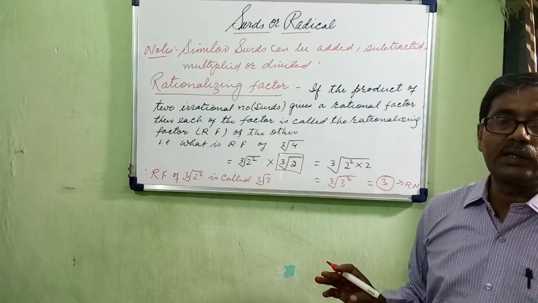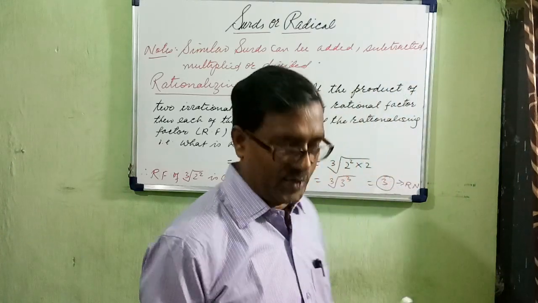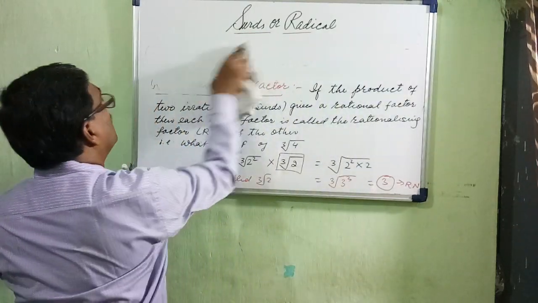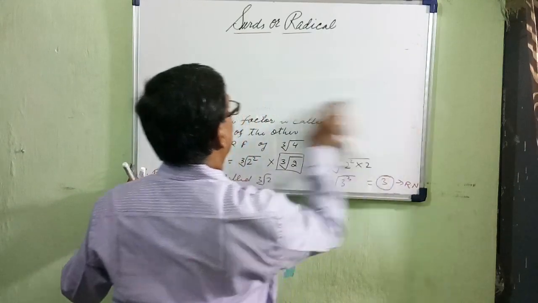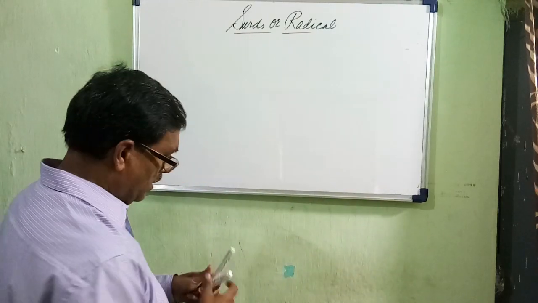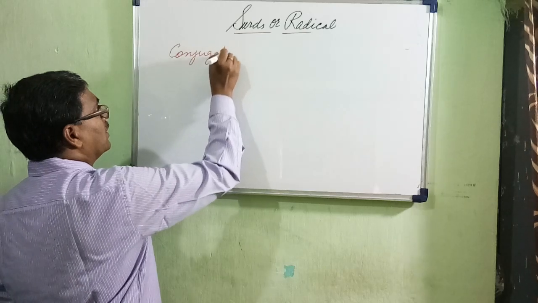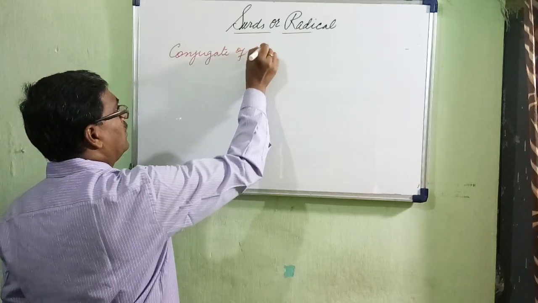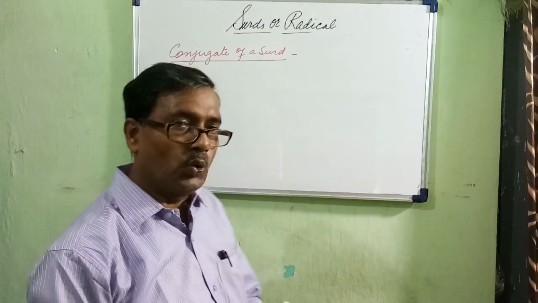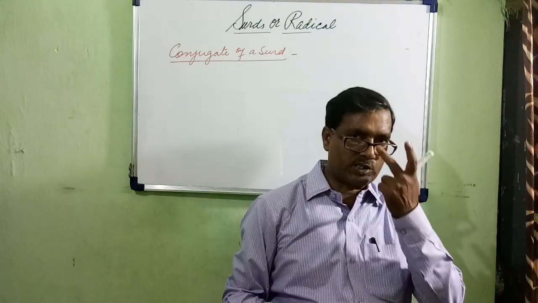And the other part is the conjugate of a surd. Conjugate of a surd is only considered for a binomial, meaning more than one term must be there.